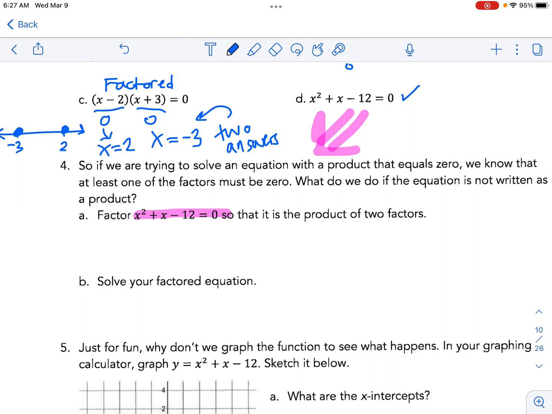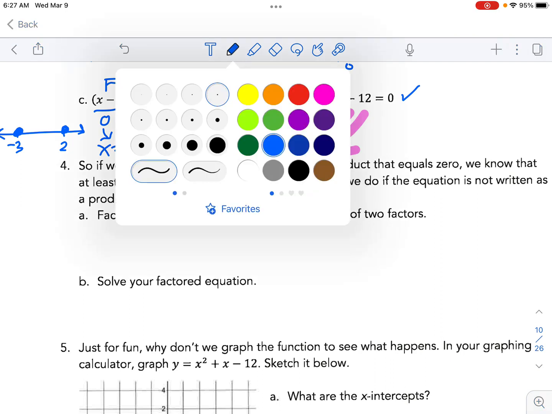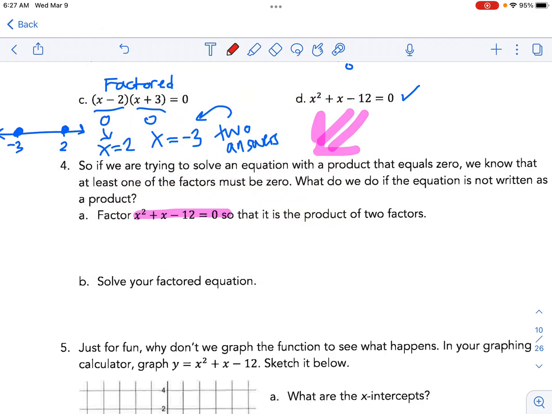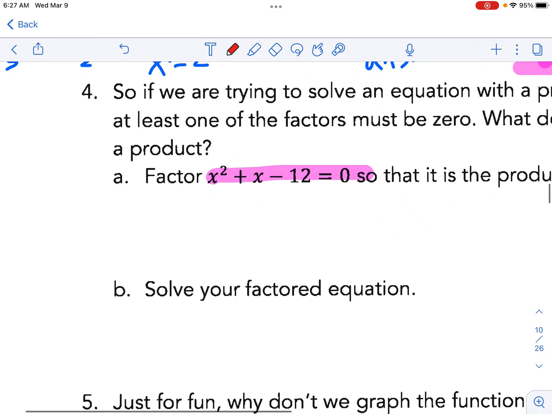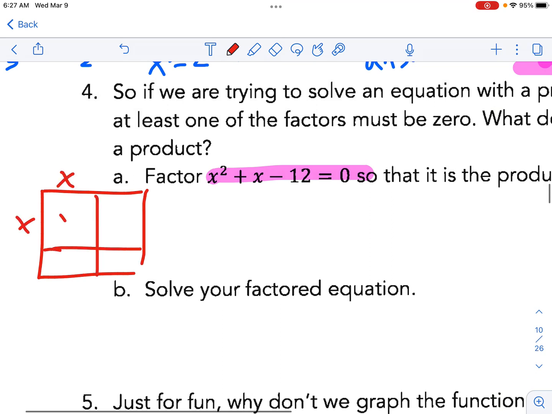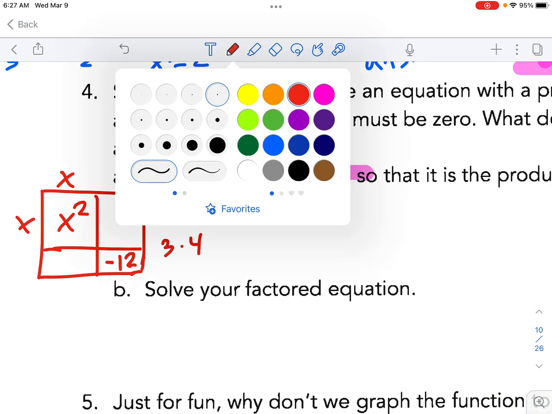Okay, so let's start out by factoring that quadratic. Pick your method. I'm going to mix it up a little bit. I'm going to do a box. So I know I need x and x. That gets me my x squared, and I need to make a negative 12 here. So I've got 1 and 12, 2 and 6, and 3 and 4.